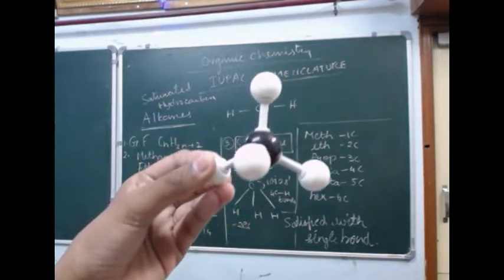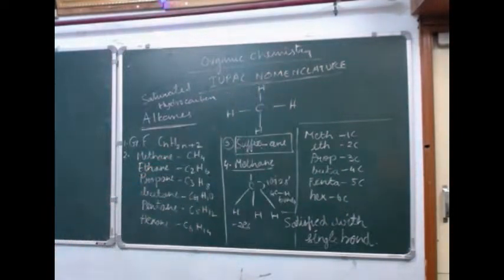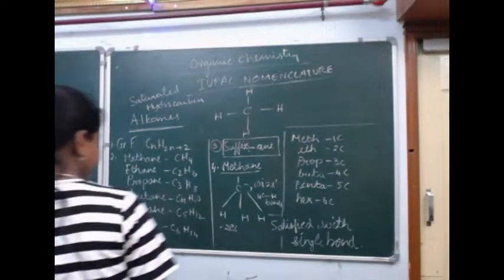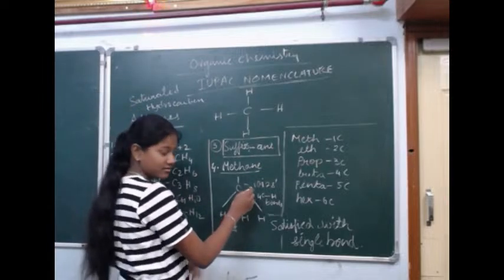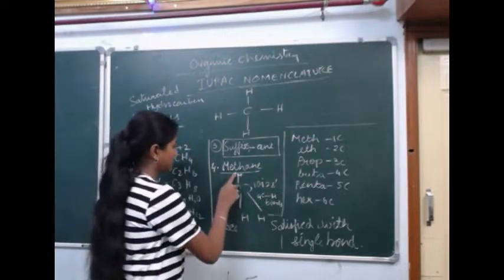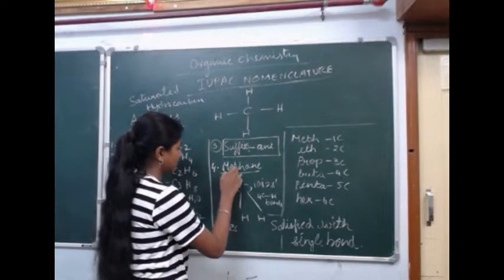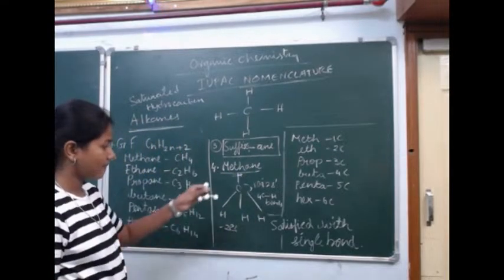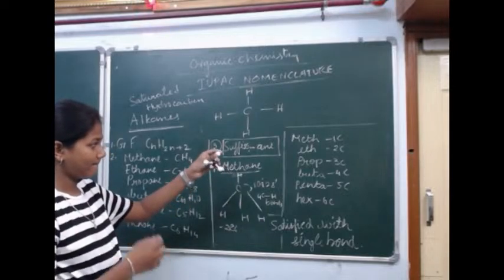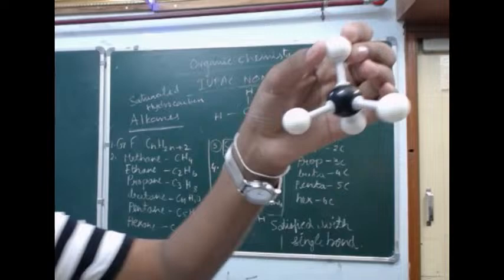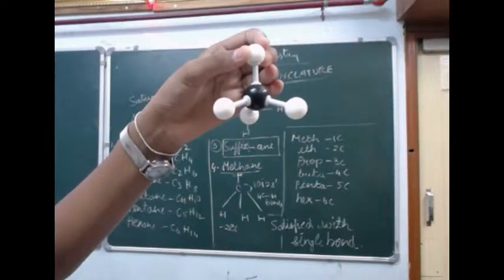So can you fix it on the board, and you have to write down CH at the top. H only. Now you have drawn that structure. Okay, so this is a 3D model. Okay, can you bring it closer? So this is the 3D model of methane molecule.